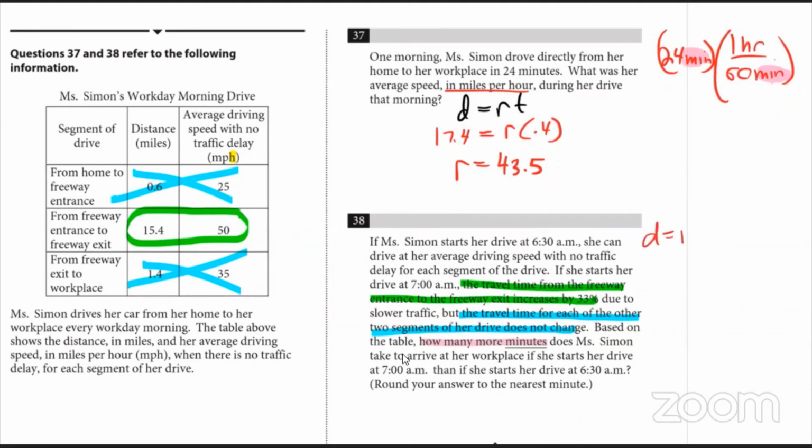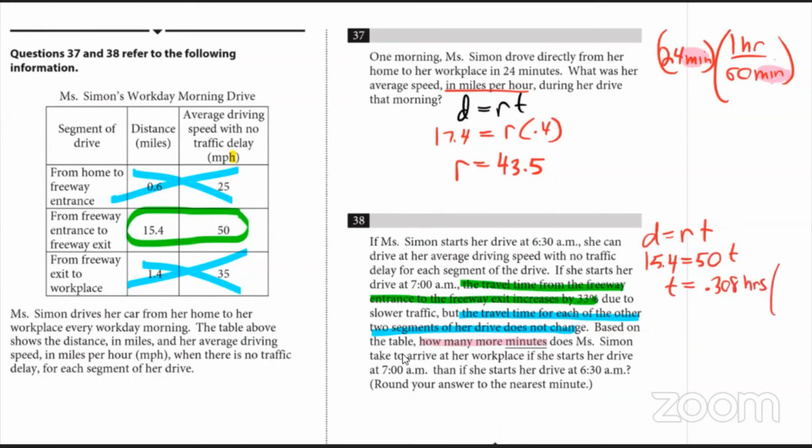So distance equals rate times time for what we originally had here, a distance of 15.4 and a rate of 50. So 15.4 miles, 50 miles per hour. And so the original amount of time in hours now is 15.4 divided by 50, which is 0.308 hours.